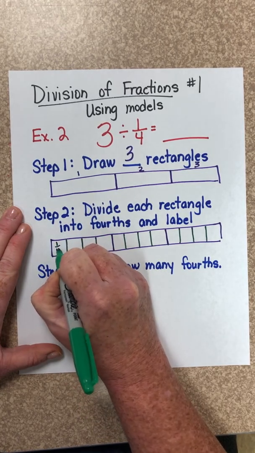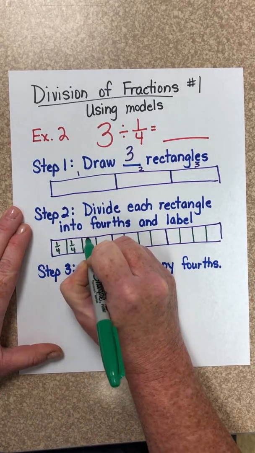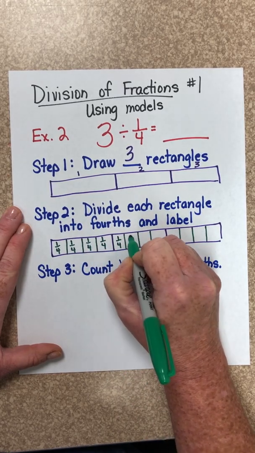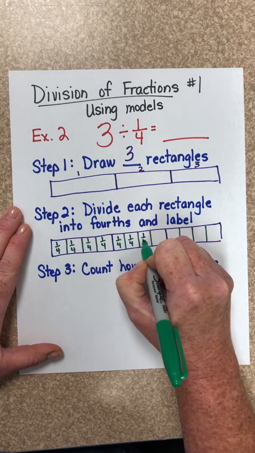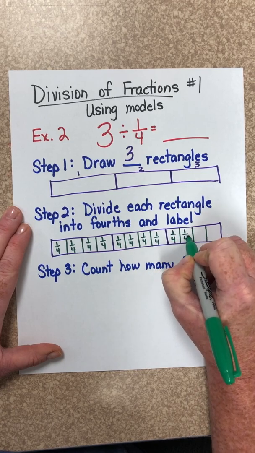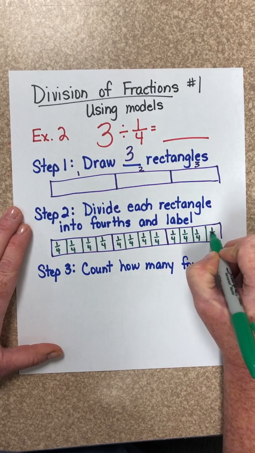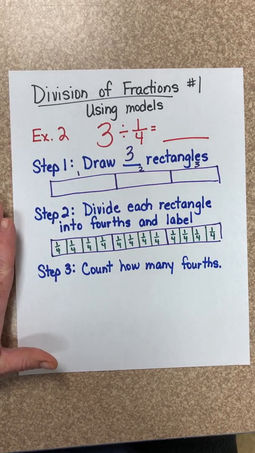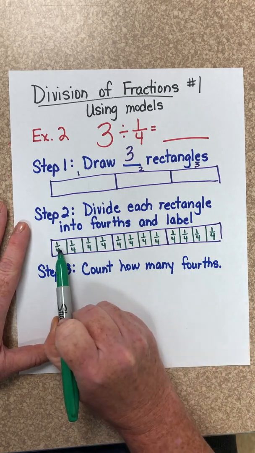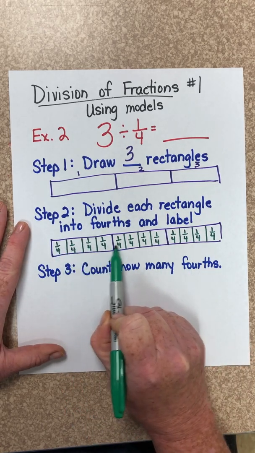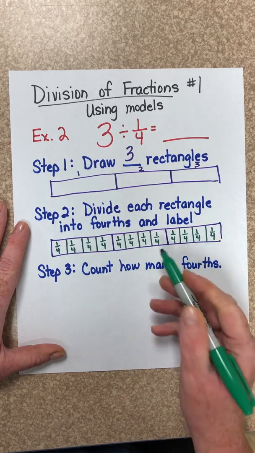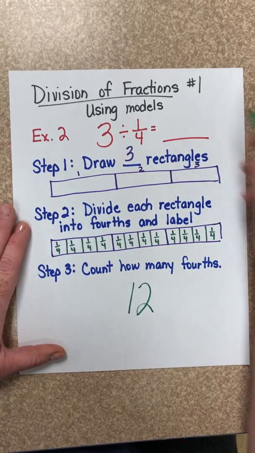This is 1/4, 1/4, 1/4, and I'm labeling each little box 1/4. Step 3, all we do now is count how many fourths. 1, 2, 3, 4, 5, 6, 7, 8, 9, 10, 11, 12. 12 is our answer.